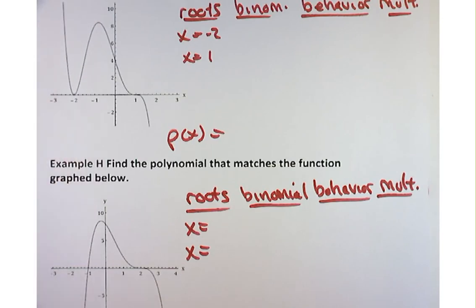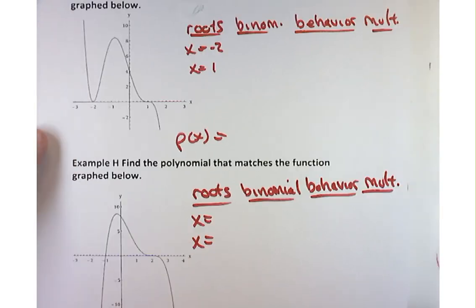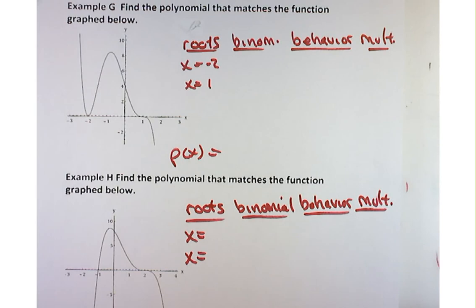These are good problems because they blend a lot of the stuff that we've been doing with the end behaviors and the correspondence between roots and factors. It pulls a lot together. I like these.